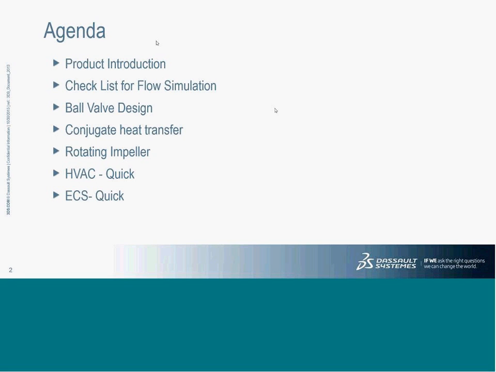The example that I'm using is of a heat exchanger. So you'll have a look at how we simulate multiple fluids and heat exchange between them, find out the efficiency of heat exchange, etc.